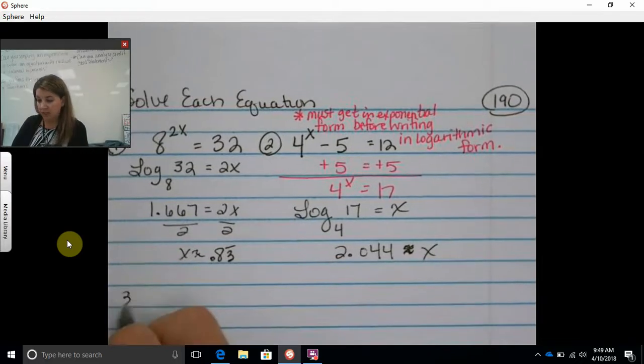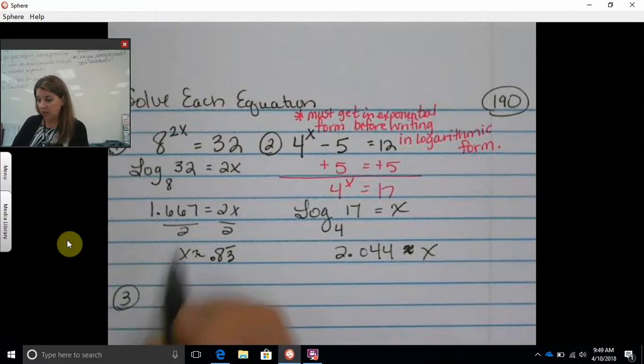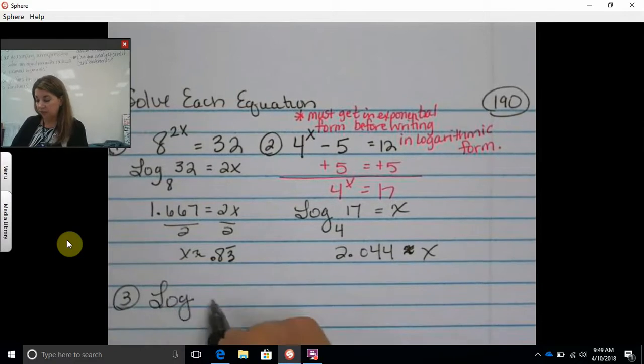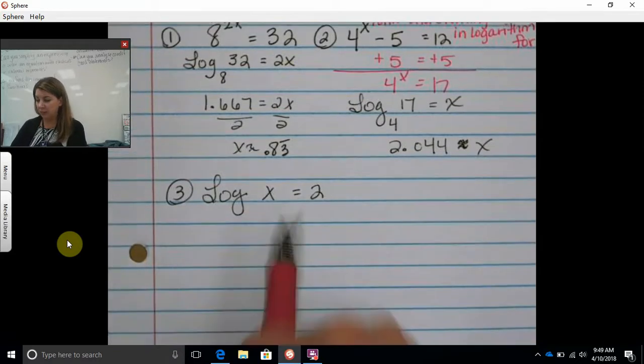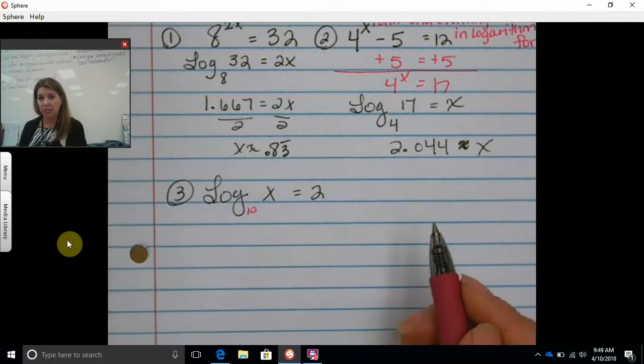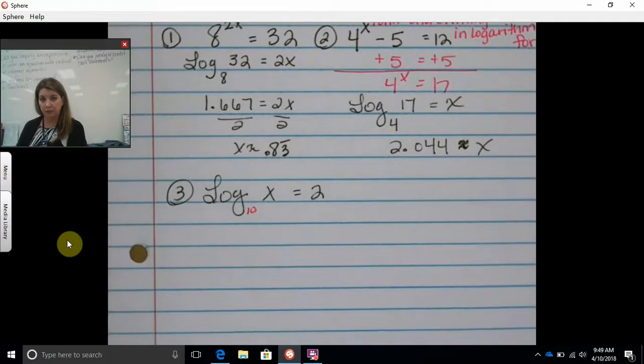What if I gave you this example and asked you to solve it? Log of x equals 2. What's my base? 10. I have a base of 10. It's implied as a common logarithm. So do we know what x is equal to?